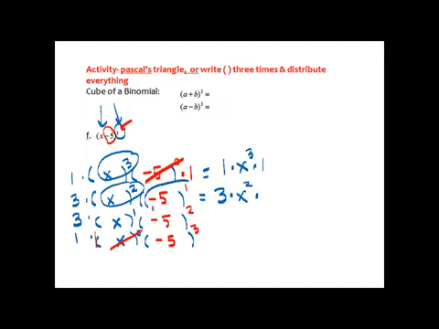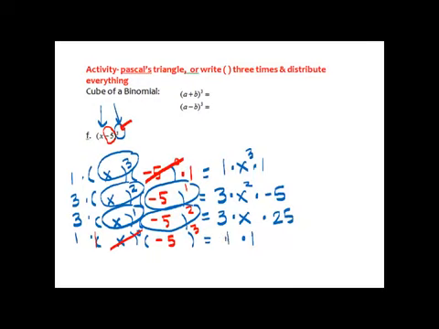And negative 5 to the first is negative 5. Okay, next one is 3 from here. X to the first is just like this. Negative 5 squared is 25. This one's going to be 1. That x is gone. Remember, it's just 1. Negative 5 to the third is negative 125.